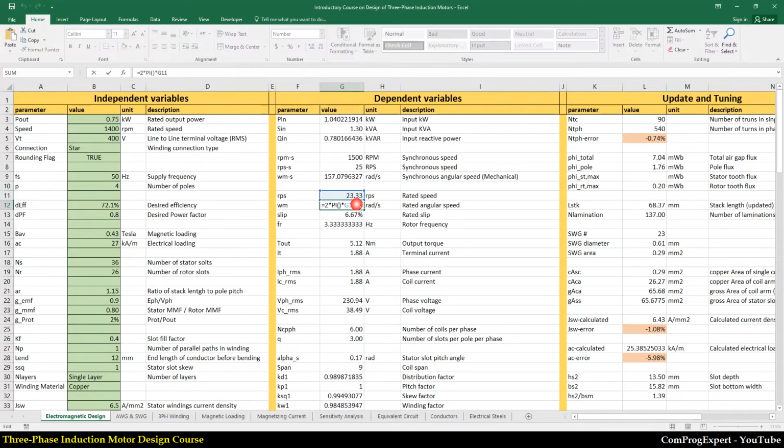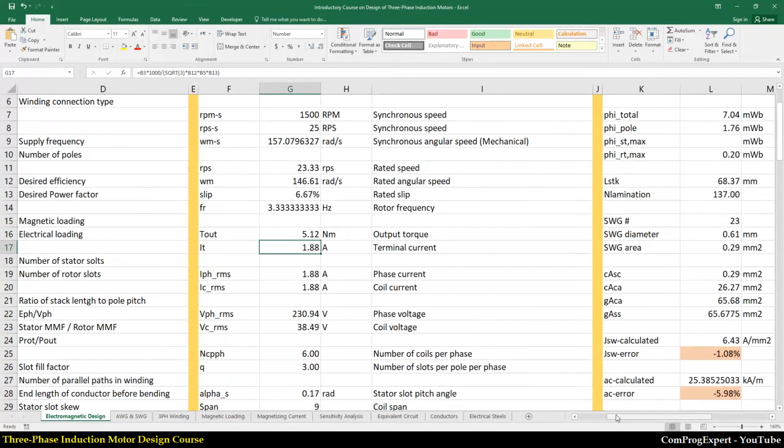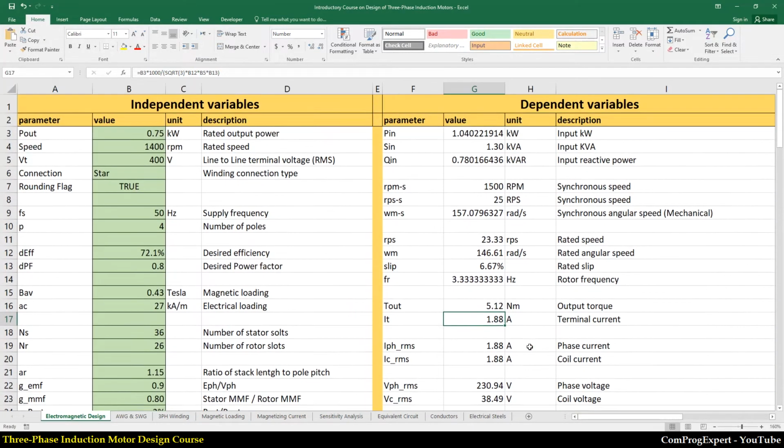And this is the omega m, rated angular speed, mechanical speed, 156.6. And here you can see the value of the output torque, that is equal to 5.12. So our design should be able to deliver this torque, right?